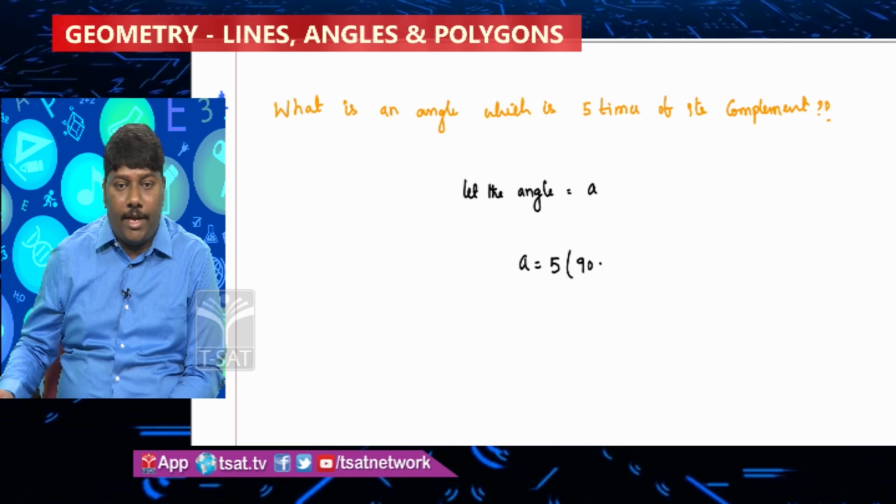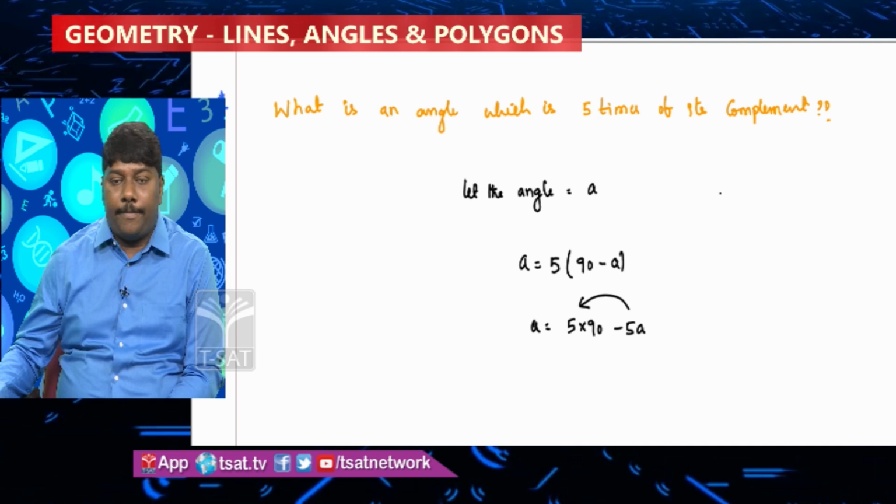The complement of A is 90 minus A. A is equal to 5 into 90 minus A, don't multiply it, minus 5A. If minus 5A goes this side, it becomes 6A. 6A is equal to 5 into 90. A is equal to 75. Therefore, the angle that we are looking for is 75 degrees.